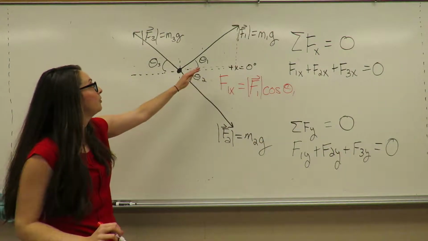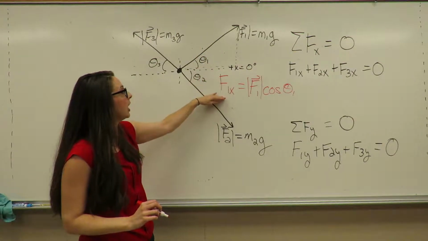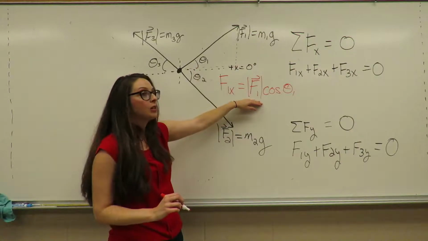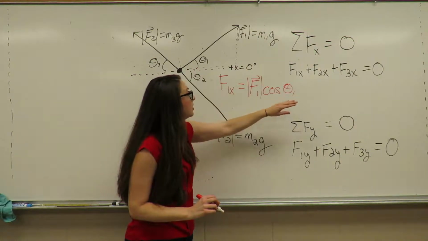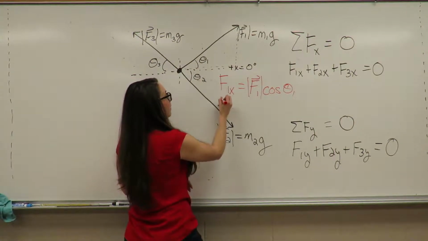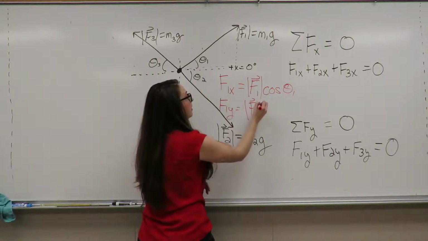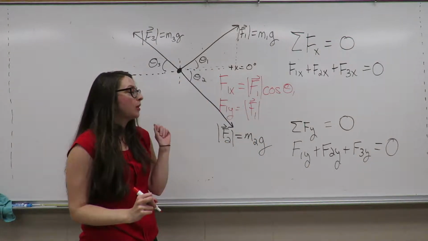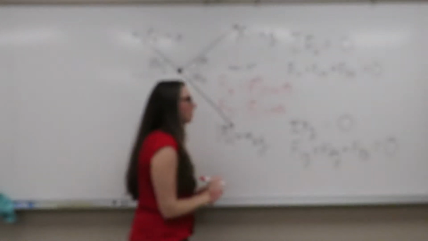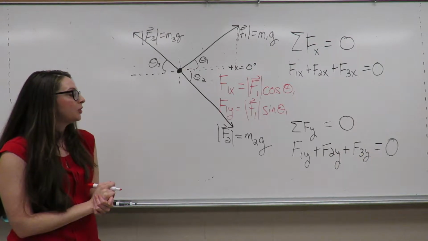Okay, so F1x is equal to mass times gravity of that first object times cosine of this angle theta 1. And the y component, F1y, is going to equal the magnitude of force 1, mass 1 times gravity, times sine theta 1. Okay?